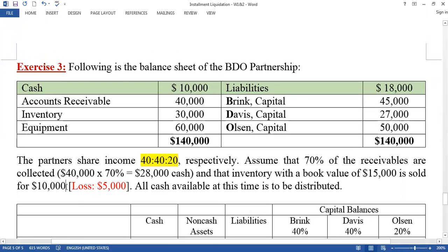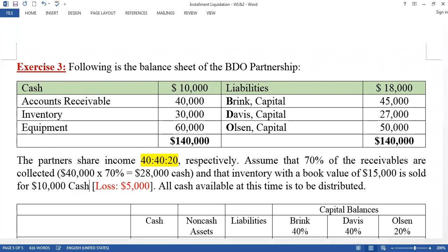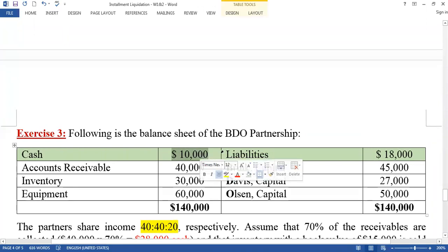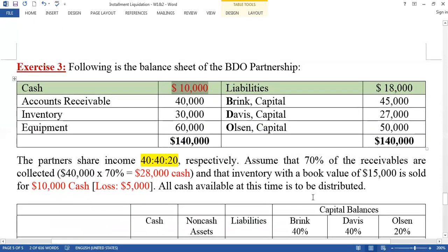But how much cash do we actually receive? We receive cash $10,000 from inventory, and we receive cash $28,000. And we also have a cash balance of $10,000. Now we have a lot of cash, right?